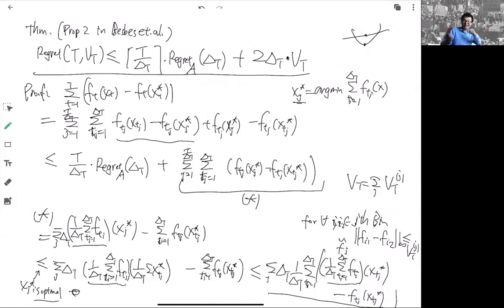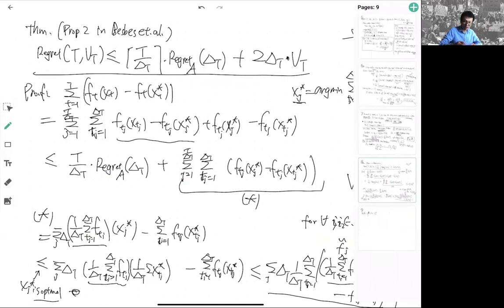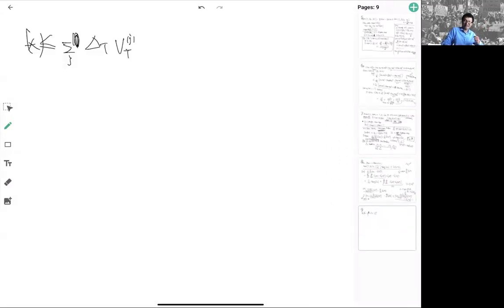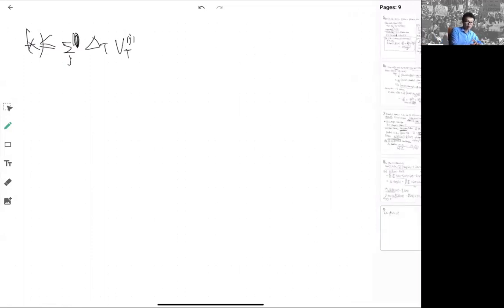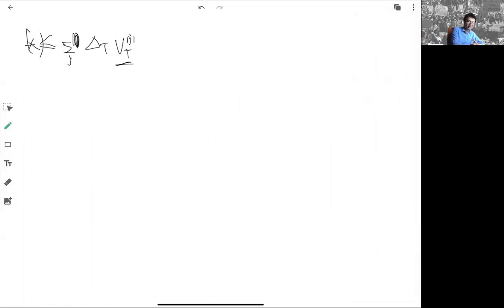Therefore, if you pick any individual points and take the difference, it's going to be bounded by the cumulative move. So I'm bounding individual moves from any time t to time t plus delta using this V_{t_j}. And notice that the partitions are predetermined, so it only depends on the j-th chunk. And this obviously becomes smaller than delta t times V_T.